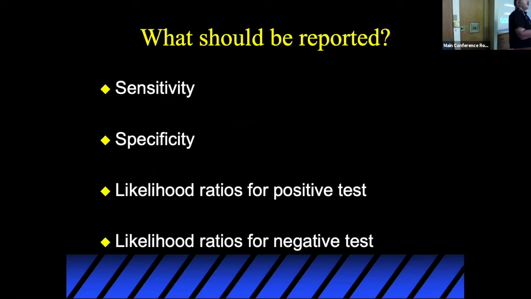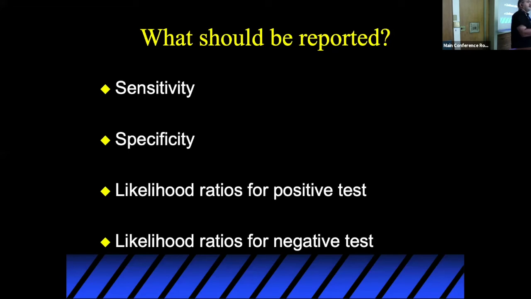It doesn't tell you. Sensitivity tells you that if the patient has the disease, the test is going to be positive in this number of patients. Or specificity tells you if the patient doesn't have the disease, the test is going to be negative in this percentage of patients. In terms of clinical decision making, sensitivity and specificity don't help. But it's good information to have.